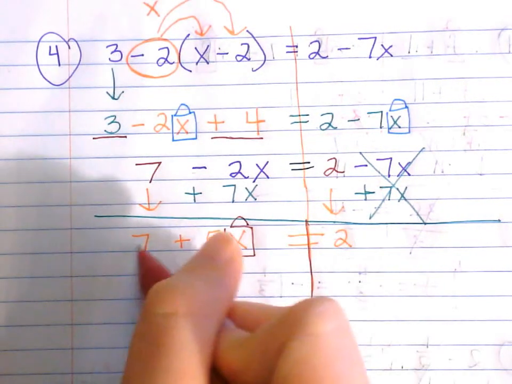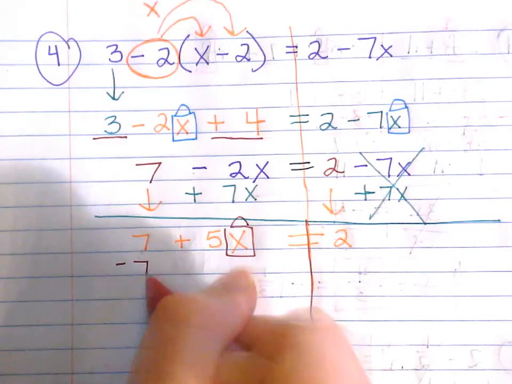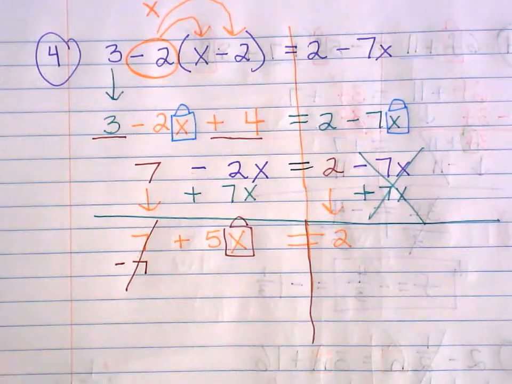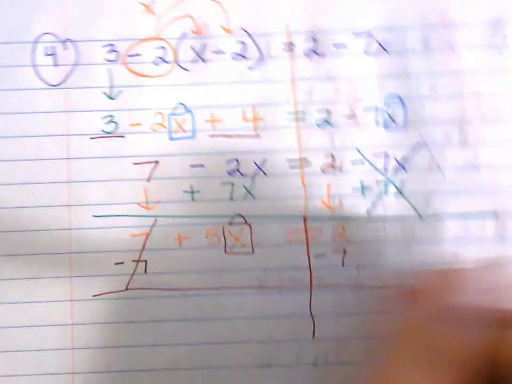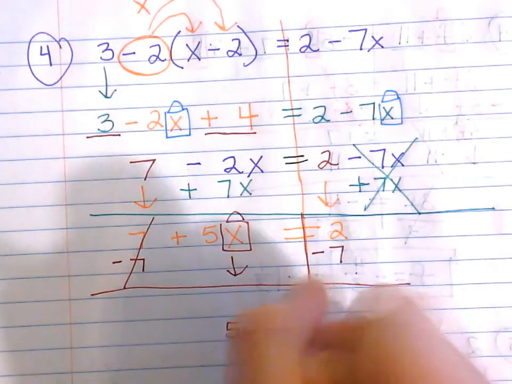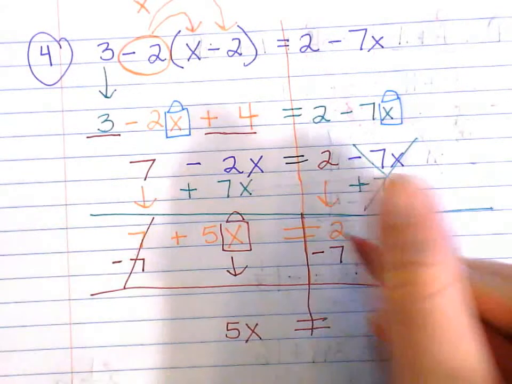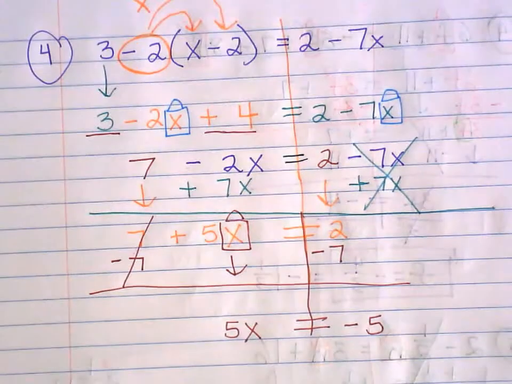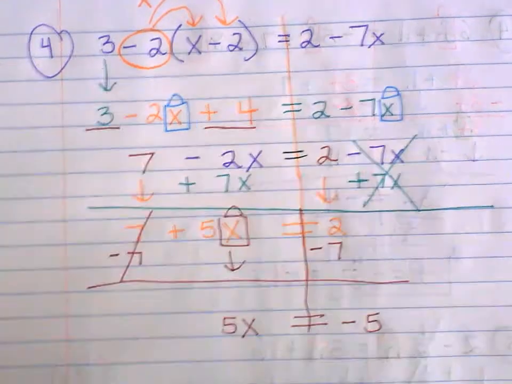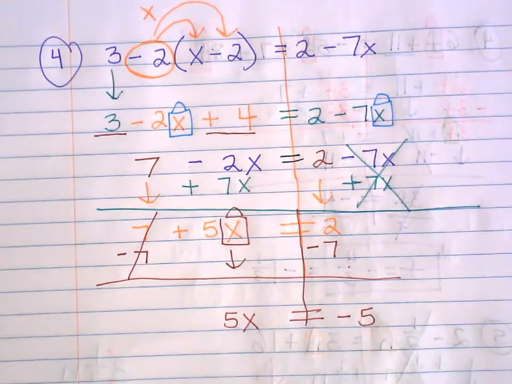But we have to undo the positive, the +7, so we subtract it. -7, what we do to one side, we do to the other. Bring down that 5x. 2 minus 7 is -5. Okay, last step.